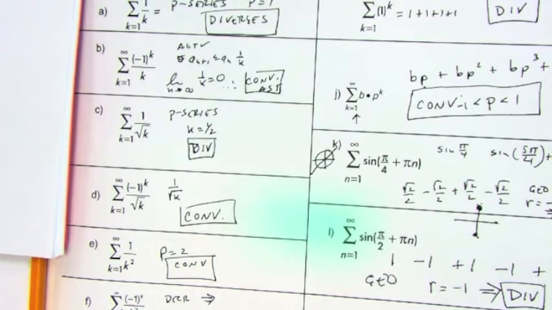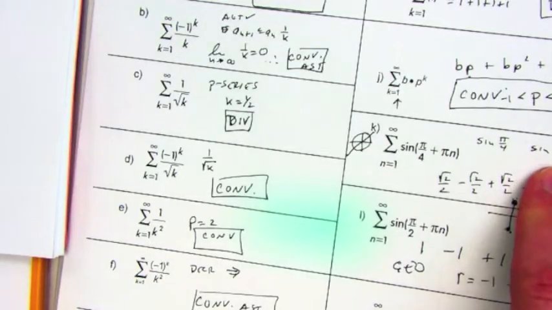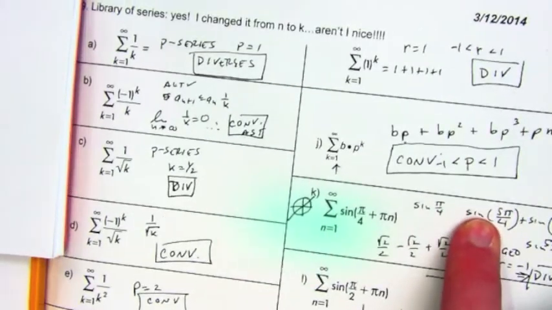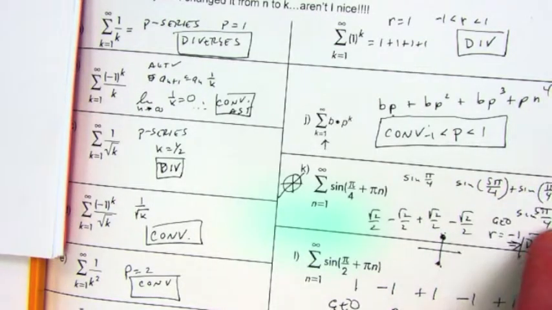Okay? All right. So now if we look at this one, this takes this one up here, and I'm going to square this one, cube this one, etc. So this is going to be the sine of pi over 4. Okay. Then it's going to be the sine of 5 pi over 4 squared. Then it's going to be the sine of pi over 4, and then we're going to cube that. And then it's going to be the sine of 5 pi over 4. We're going to take it to the fourth.